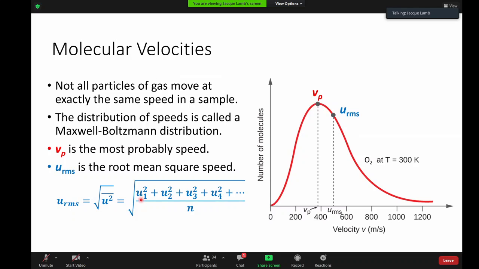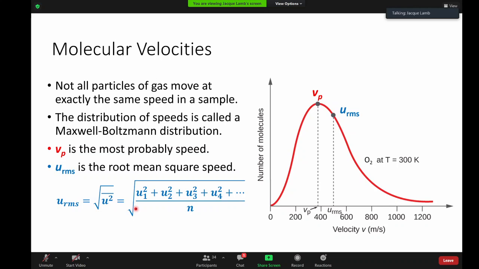What I was saying now is you could ask, why did you bother to square it first and then take the square root? And what I can say is that velocity is a vector quantity. If you have a particle moving in the positive x direction and a particle moving in the negative x direction, even if they have the same speed and you add those velocities together, you end up with 0, which makes no sense.